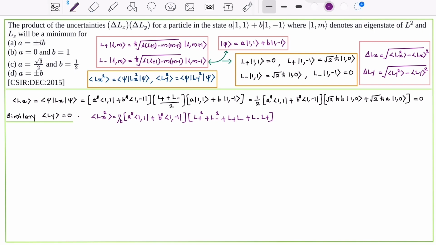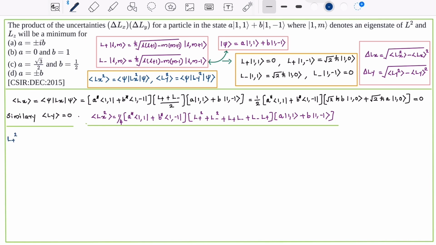Here there is a 1/4 outside, times A|1,1> + B|1,-1>. This is the expression for Lx square. Now we have to find each term separately, that is what happens when L plus square operates on A|1,1> + B|1,-1>. We have total 4 terms inside the bracket, so we have to evaluate each term separately.